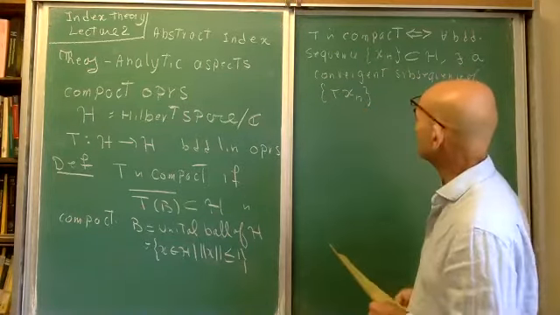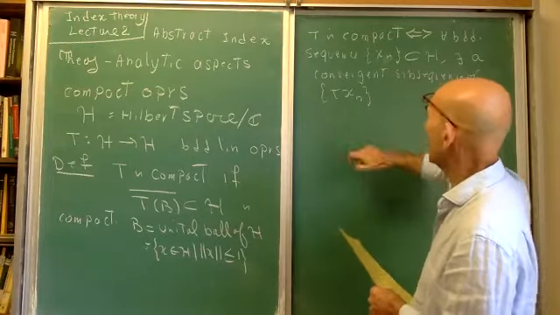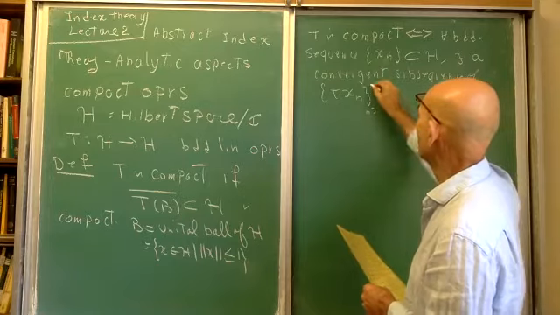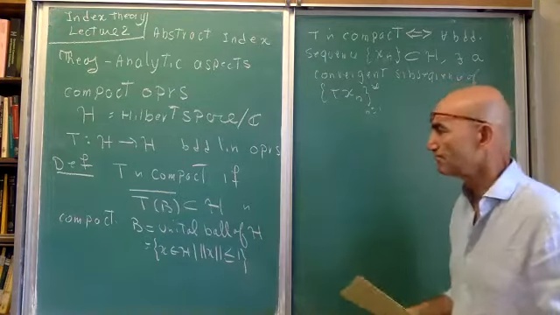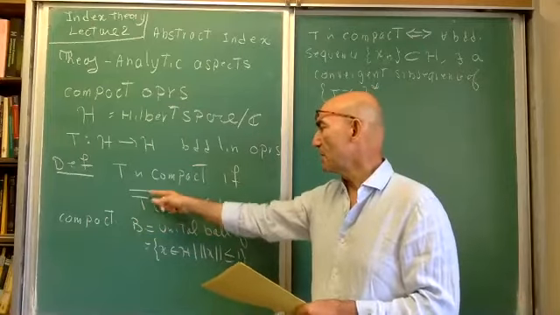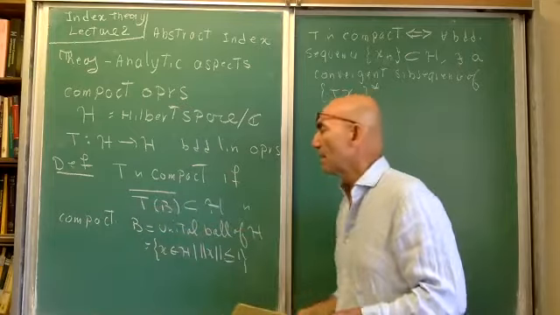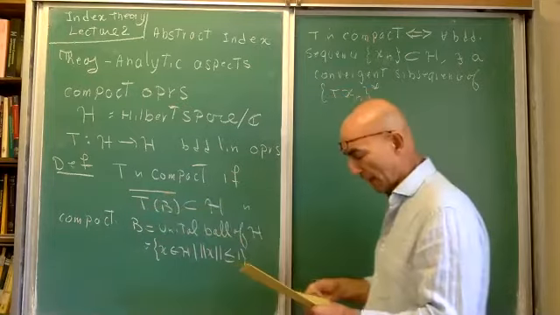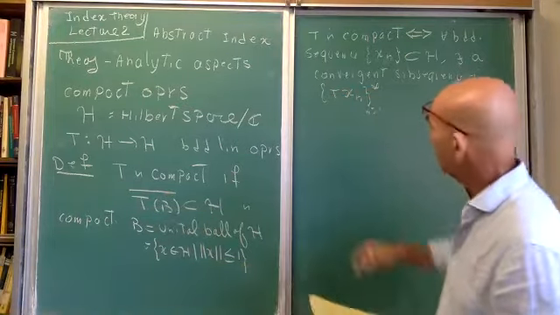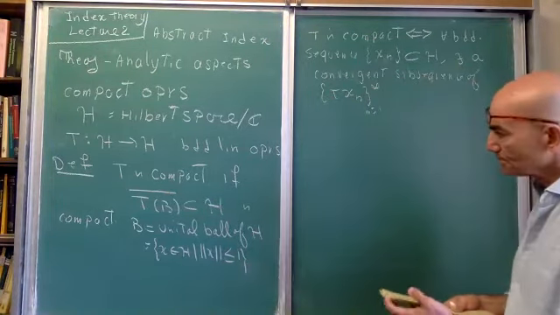But there is a subsequence of the T(x_n), n from 1 to infinity, that is convergent, because this lies in T(B) closure, and any sequence there has a convergent subsequence by compactness in the norm topology. So this condition and that condition are equivalent.